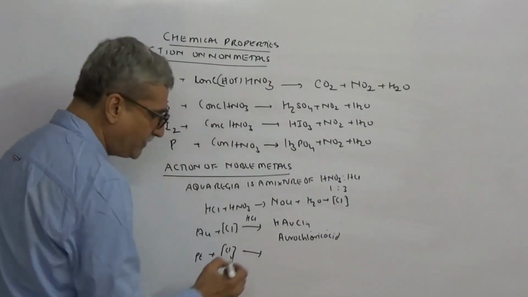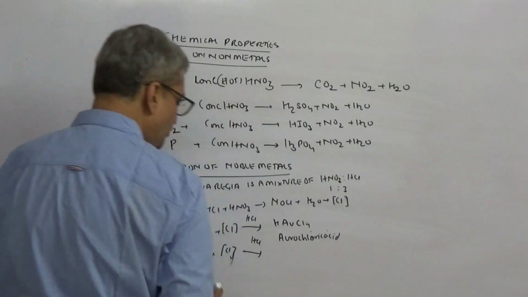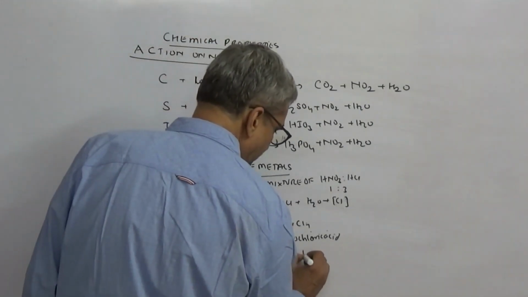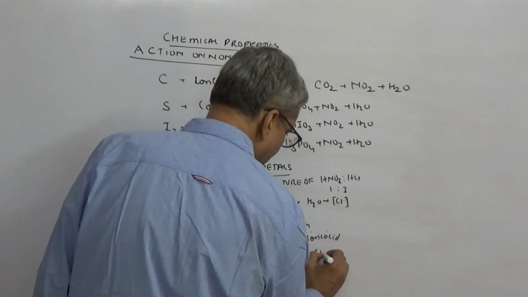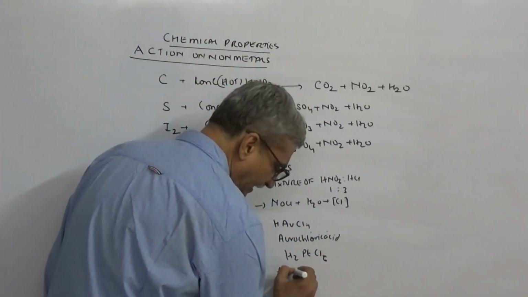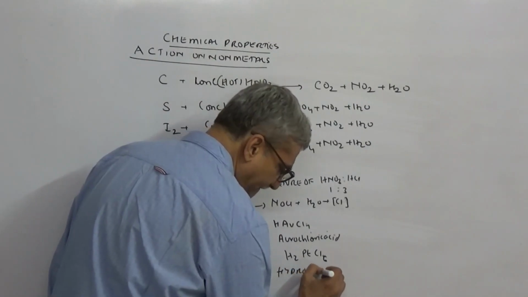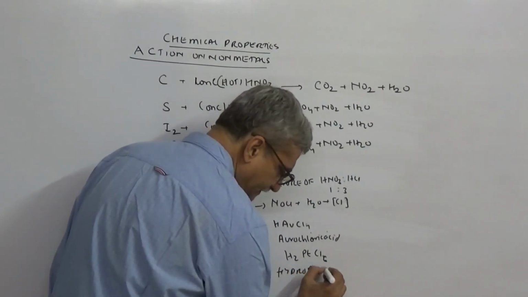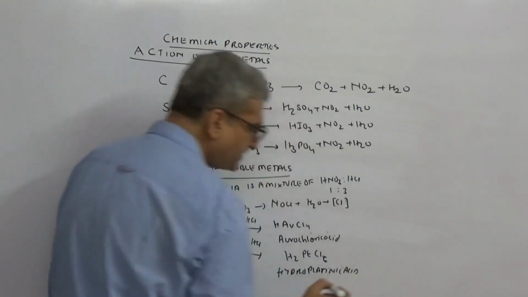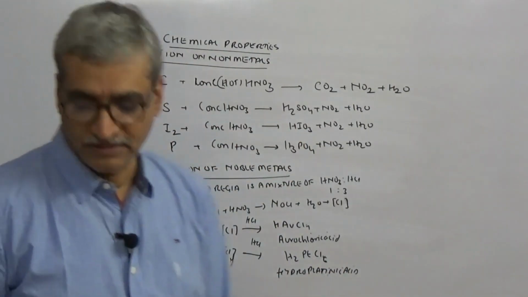And what does it form in presence of HCl? It forms H2PtCl6. That is hydroplatinic acid. So these are soluble compounds. This is how gold dissolves.